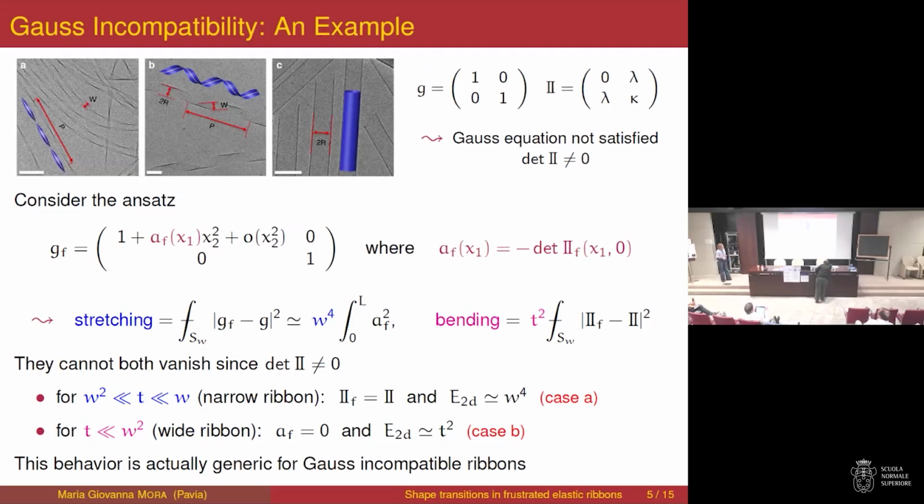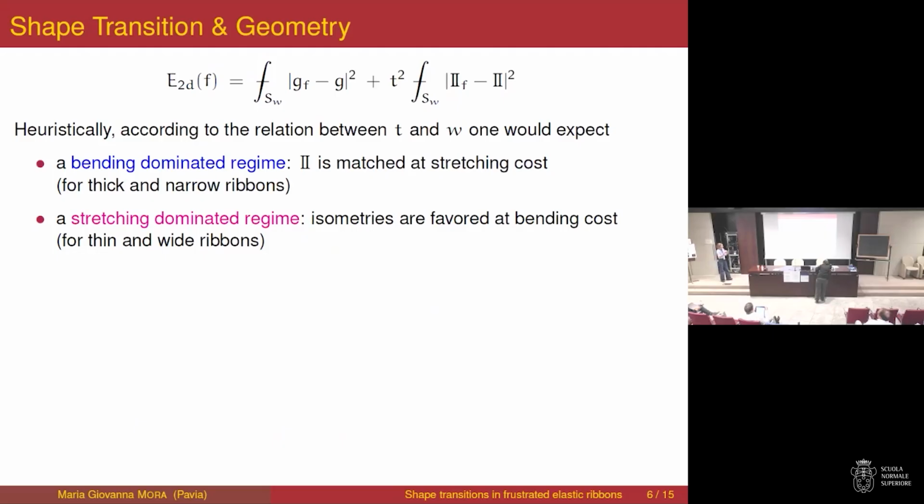Okay, so summarizing from this heuristic argument, we can expect that according to the relation between thickness and width, we should have two regimes. One is bending dominated, where the target curvature is matched at stretching cost, and this should be the case for narrow ribbons.